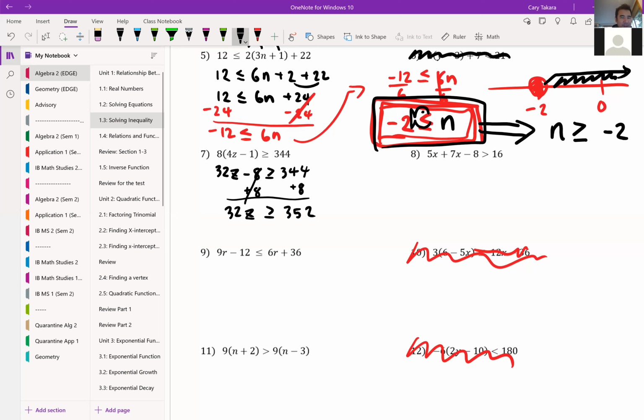And then I'm going to divide by 32. Is it divisible by 32? 352 divided by 32. It's 11. Thank you, Haley. So z is greater than or equal to 11.